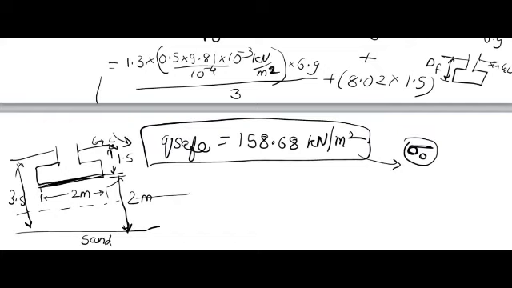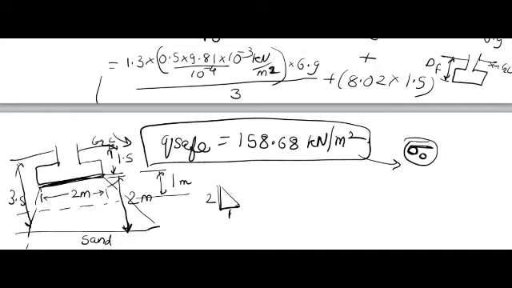So the middle part will be at 1 meter from the base of the foundation. We have to find the pressure increase this way. The pressure increases at the rate of 2 by 1.